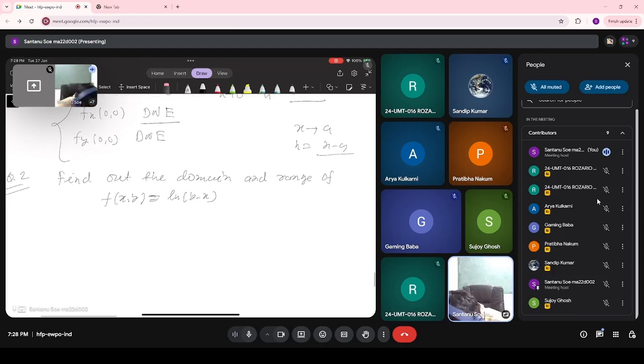Now what is domain and what is range? That we have to know first, and then only we can find out the domain and range of the function.